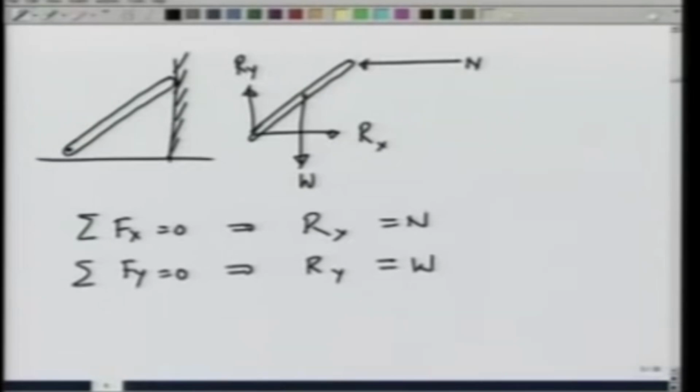Now, about the lower point, let us say the pin joint is O, the torque also must be balanced.